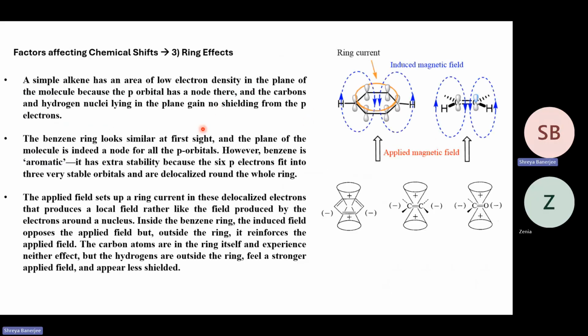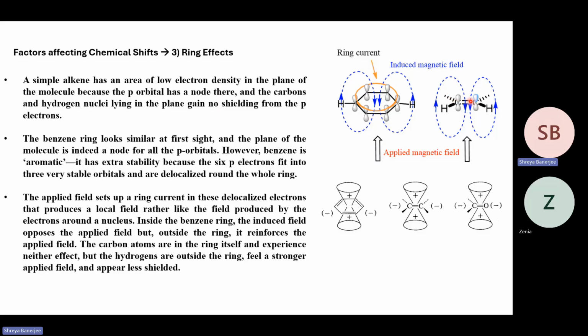This is something called anisotropy. Now suppose you have a double bond or an aromatic ring. Now when you apply a magnetic field, suppose in the upwards direction, the electrons in the aromatic ring will circulate and they will have an induced magnetic field in the opposite direction to the applied magnetic field. So the applied magnetic field is upwards, the induced magnetic field is downwards.